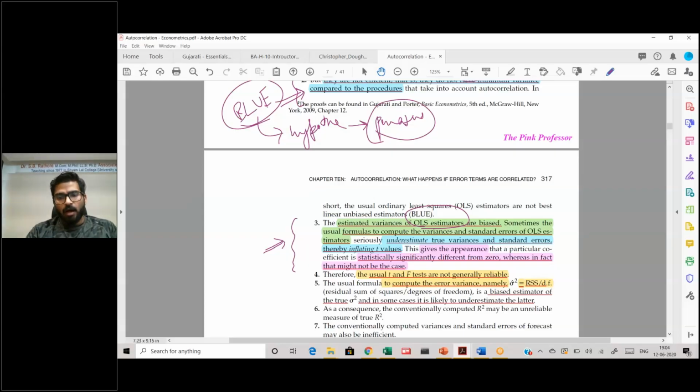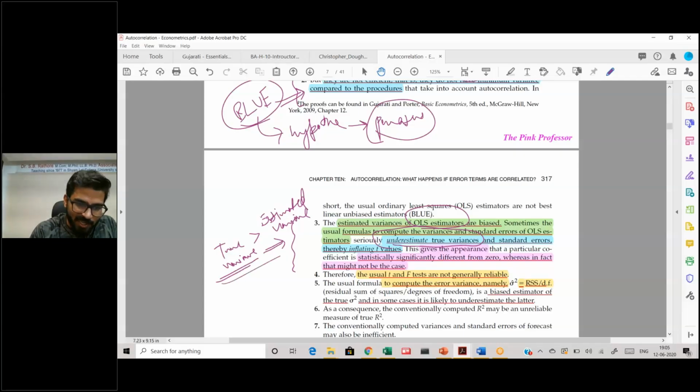Then, your estimators underestimate the true variance, and that means your true variance is much more than the estimated variance. Your estimated variance is lesser than your true variance. You are underestimating the true variance.